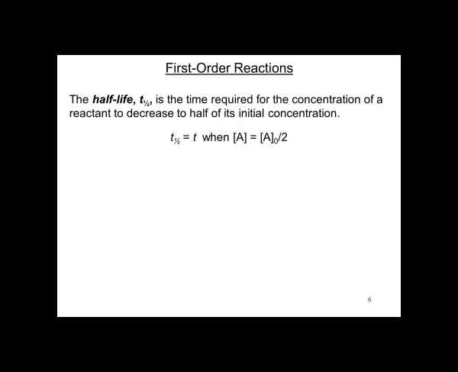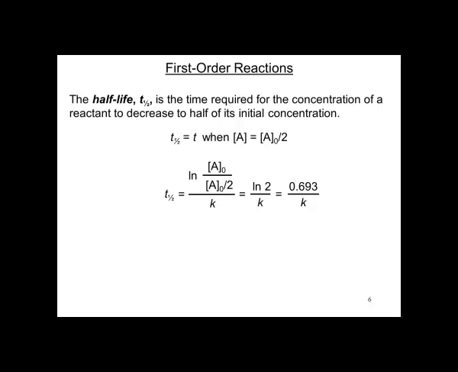The half-life, t1/2, is the time required for the concentration of a reactant to decrease to half of its initial concentration. t1/2 equals t when the concentration is 1/2 the original concentration. If we substitute that in, we get a very simple expression.